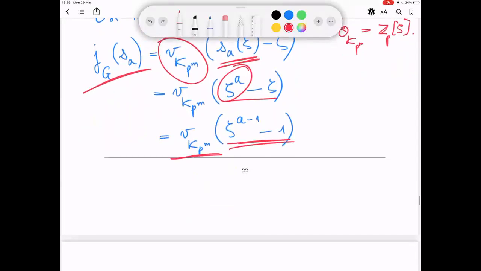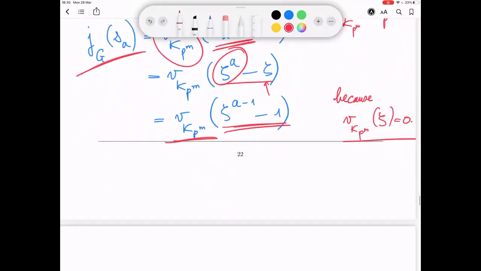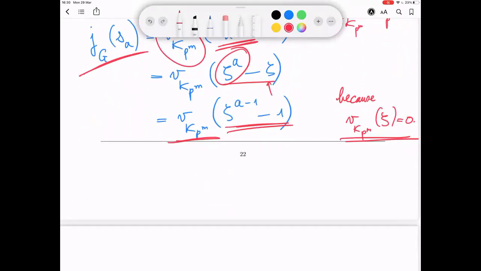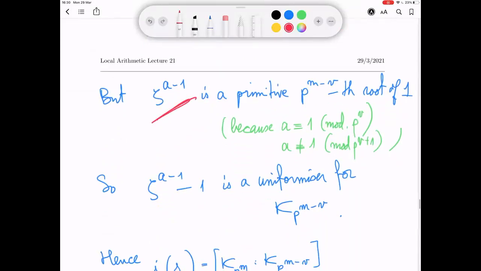So you can write it as zeta times (zeta^(a-1) minus 1). The valuations are equal because the valuation of zeta in K_{p^m} is equal to 0, right? So you take zeta common and its valuation is 0, so you can ignore it and you get this from that. But this zeta to the power a minus 1 is a primitive p^(m-v)th root of unity.